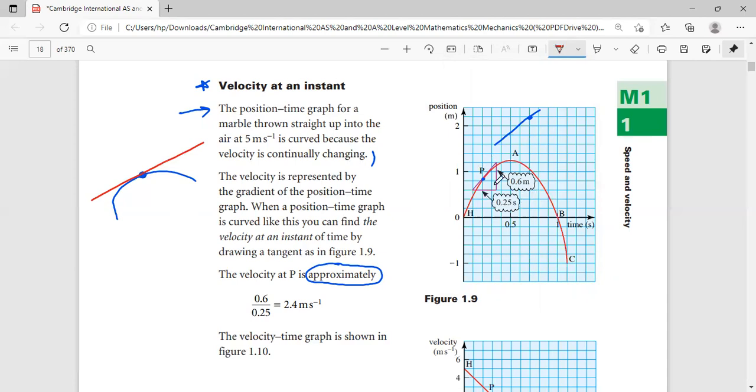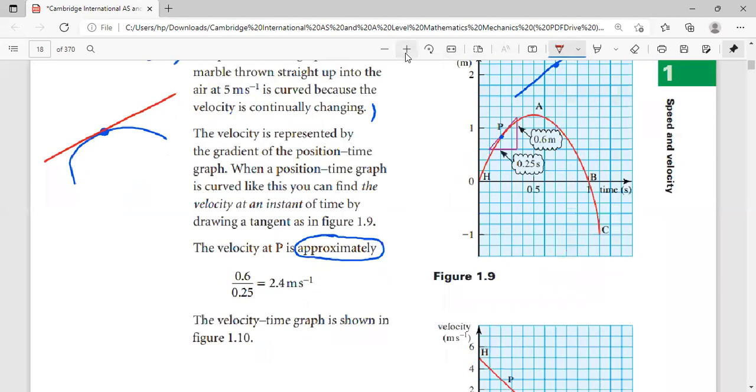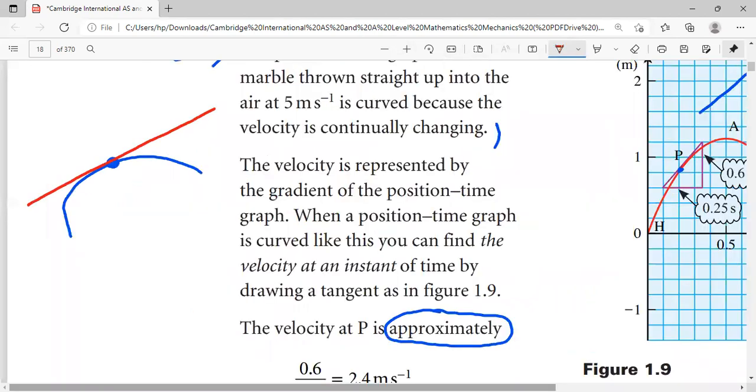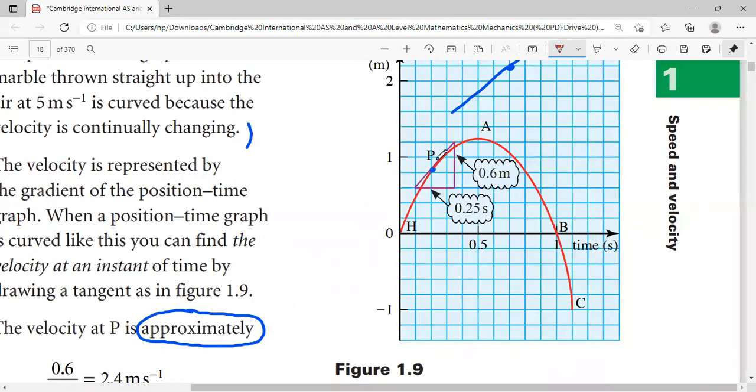Remember the gradient? Here I will show you. This line, we assume it as the tangent of this curve. I make a longer line like this.